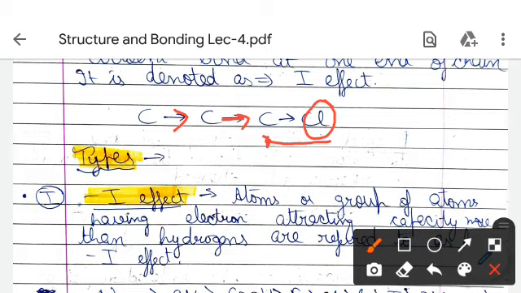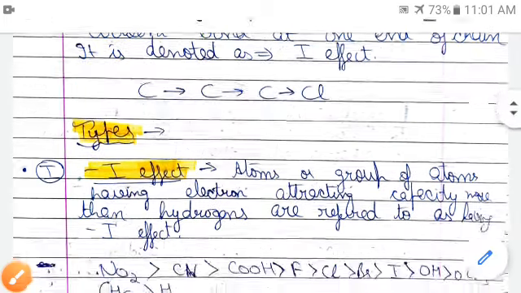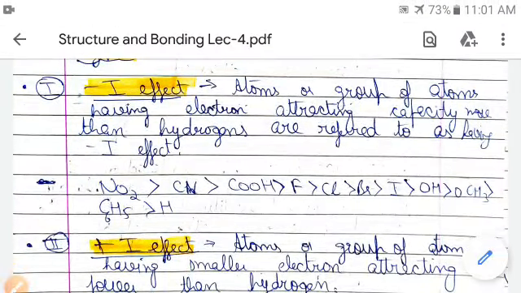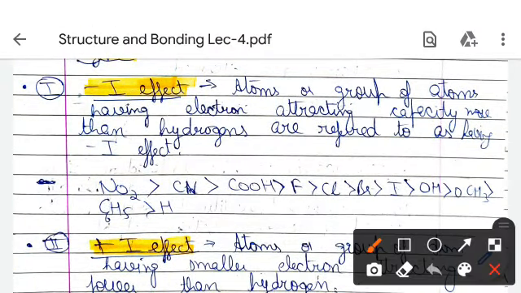So let us start with minus I effect. Minus I effect is when the atom or group attached at the end of the carbon chain is electron withdrawing, that is, it withdraws the electrons away from the chain, then it is said to have minus I effect.